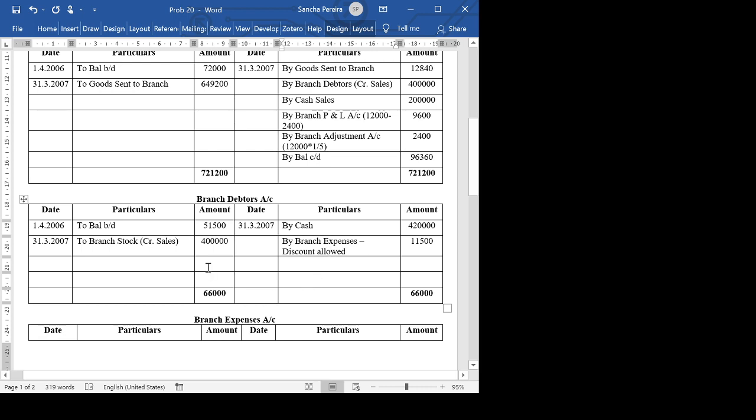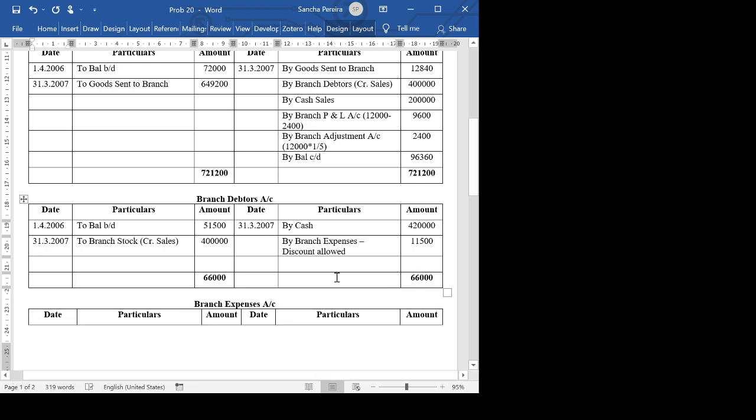We have here balance carried down as the figure that's missing. Sorry, this total is not correct.